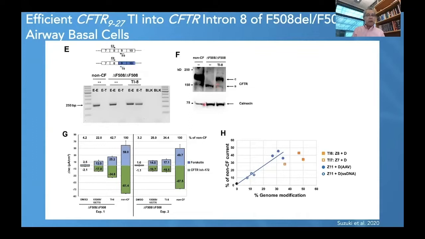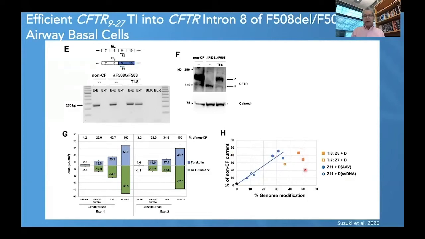And importantly, then, when these cells were analyzed by Ussing chamber analysis, we saw between 34 and 42% of non-CF activity in these bulk populations of treated cells. And those data points are shown over here for the levels of genome modification approaching 50% or so. And here are the levels of the non-CF current that were observed.